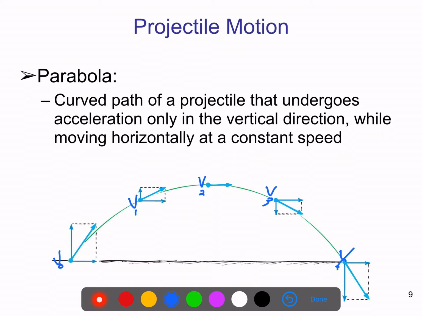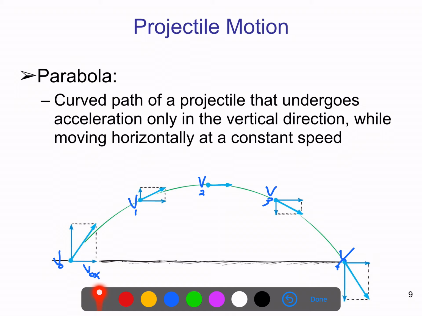And so when you're looking at just the horizontal component, which I could call Vx, V initial in the x direction, if I take a look at that initial x component of my velocity compared to the final x component of my velocity, I see that they are the same length.